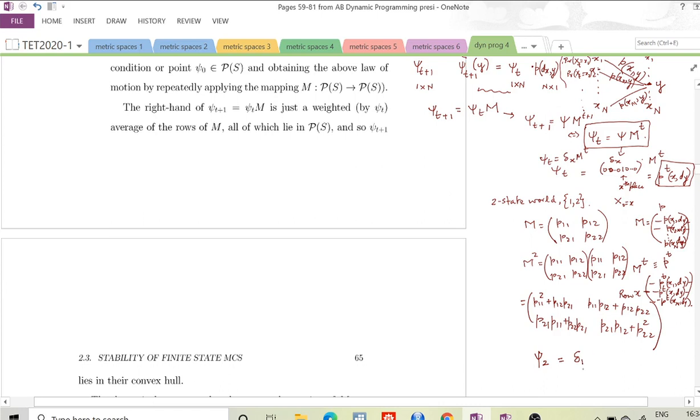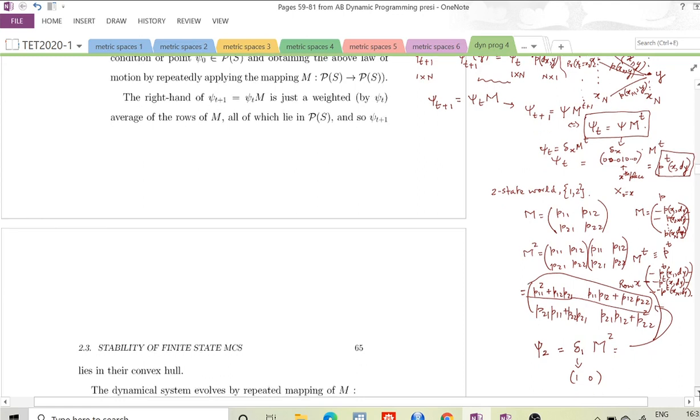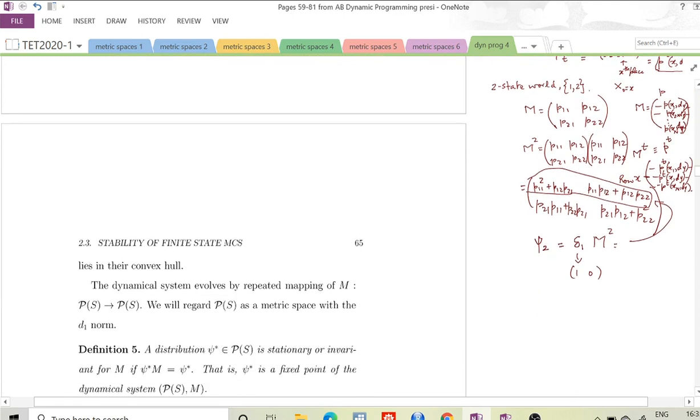So delta 1, which is just 1, 0, times M squared. That's exactly the first row of M squared. And that corresponds to what we know about probabilities of different paths for a Markov chain, which was the main, although extremely preliminary, theorem that we did.